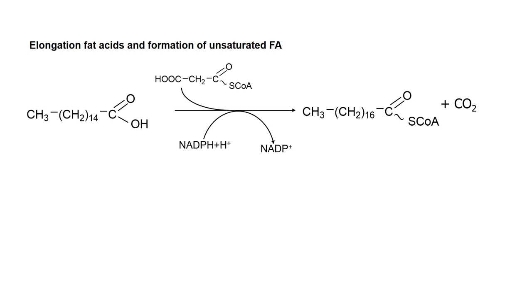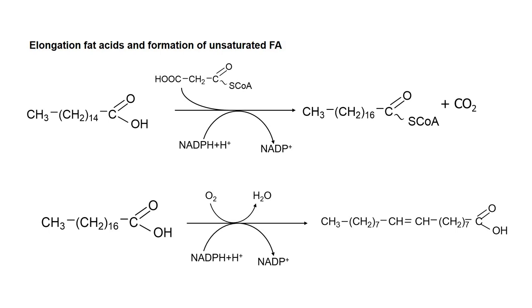Stearic acid forms in the liver. Fatty acids with more than 18 carbon atoms may form in brain cells. A single unsaturated fatty acid, oleic acid, forms under desaturase or fatty acid oxygenase action.